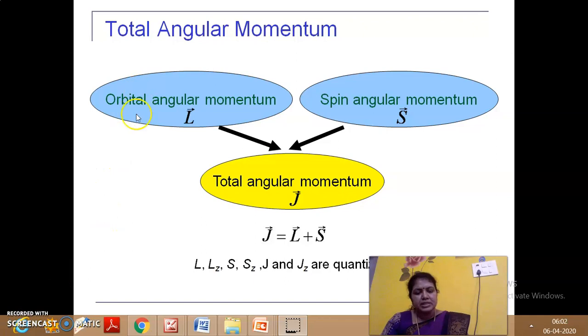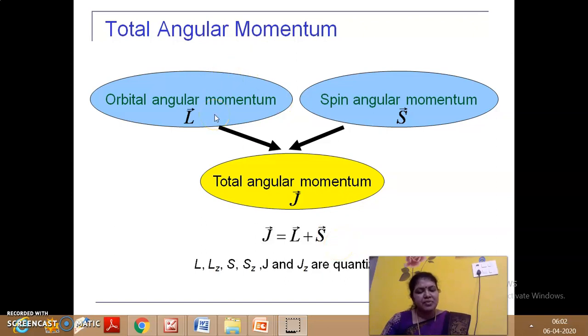So it possesses the orbital angular momentum denoted by the letter L and the spin angular momentum denoted by the letter S. So the total angular momentum would now be the combination of both the orbital angular momentum and spin angular momentum. Thus, J should be written as L plus S. So, total angular momentum gets its contribution from orbital motion as well as the spinning motion of the electron.